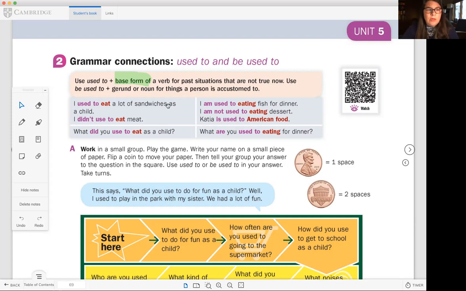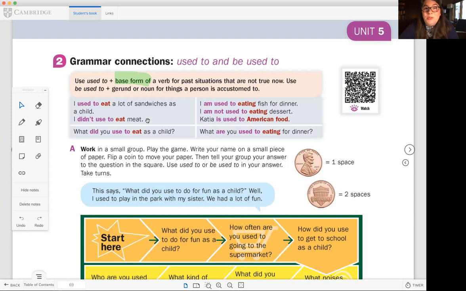Both of these situations mean something has changed. So if you say, I used to eat a lot of sandwiches as a child, it means, but now I don't. And here, I didn't used to eat meat. I used to be vegetarian. It means there's a change. Now I do. So think of something that you used to do when you were younger, but now you don't.